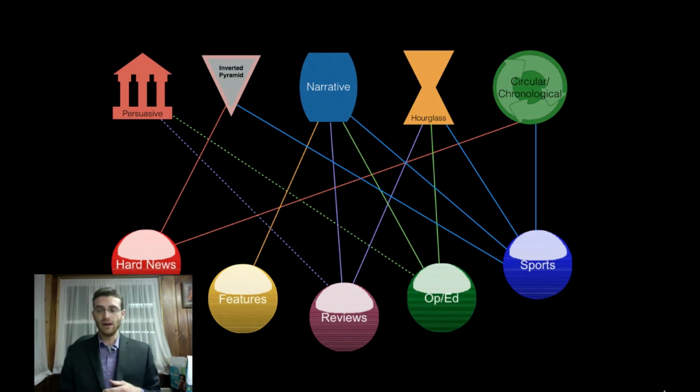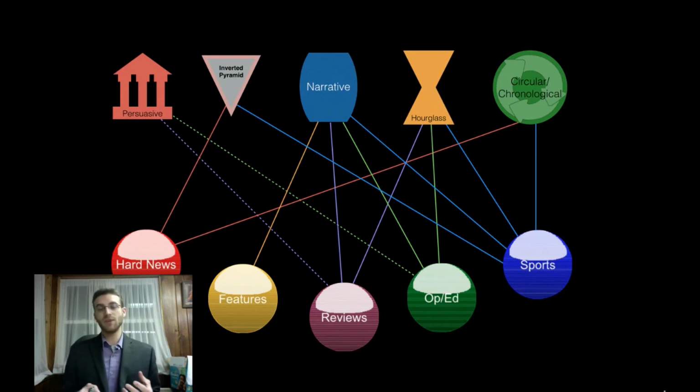If you're covering the late-breaking trade deadline moves that a team is making, you might be giving out the facts in an inverted pyramid style. However, if you're talking about a feature article about the team's new head coach, you might take a narrative approach. You might end up writing a review of the playbook that they have just released to the public, in which case you might be taking a narrative or an hourglass approach.